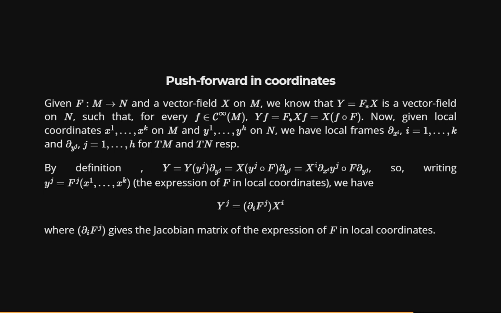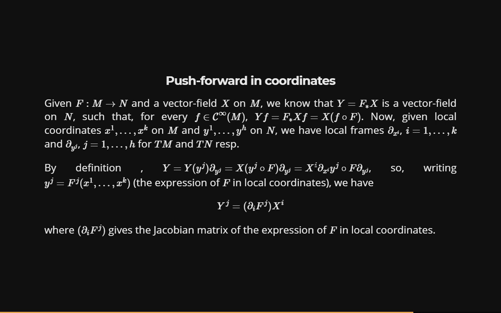So y equals f of x. You are differentiating the new coordinates with respect to the old coordinates. This is just the Jacobian matrix of f written in local coordinates. Or better, if you remember the drawing, not of f, the white arrow above, but of the red arrow below.